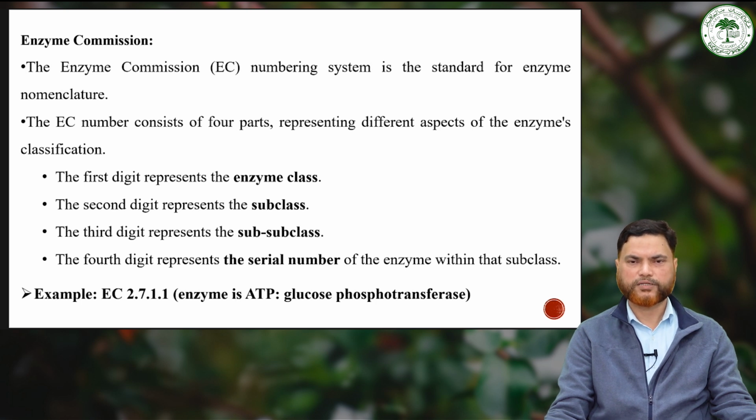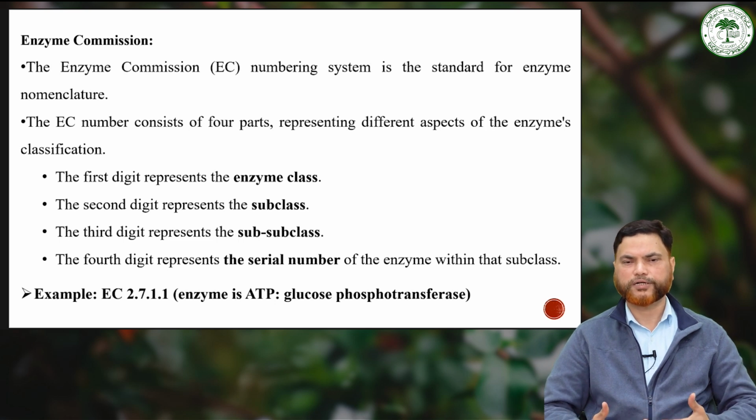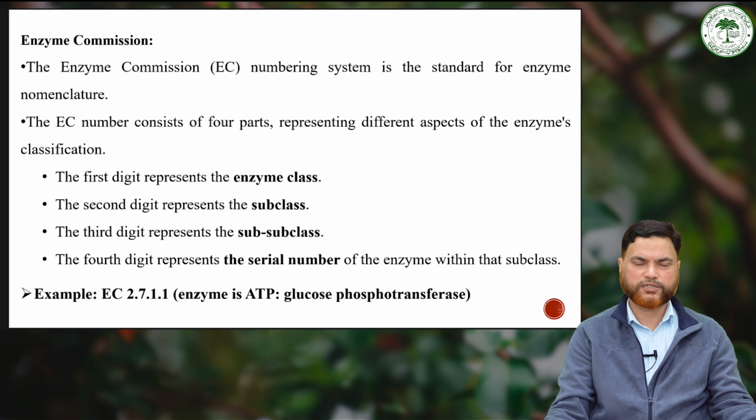Sometimes an enzyme may have multiple names, or different enzymes might share the same name, leading to some sort of ambiguity. To address this issue and accommodate the increasing number of newly discovered enzymes, biochemists across the globe have adopted a standardized system for naming and classifying enzymes.